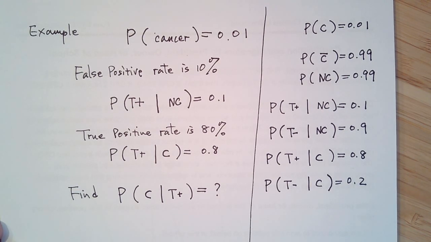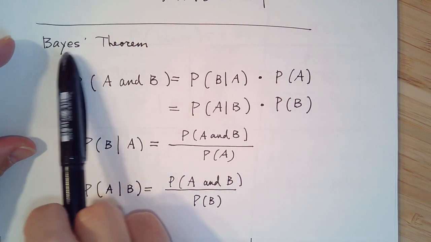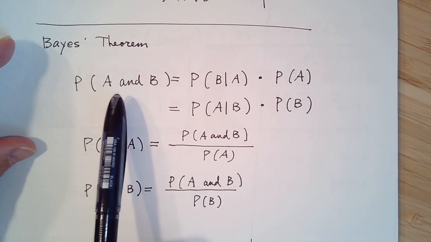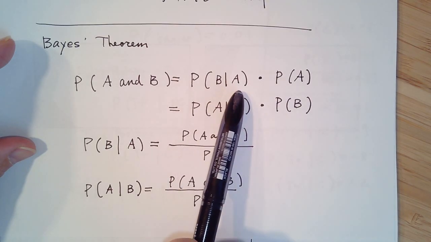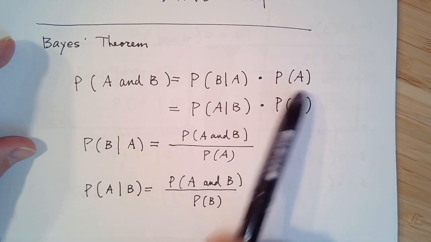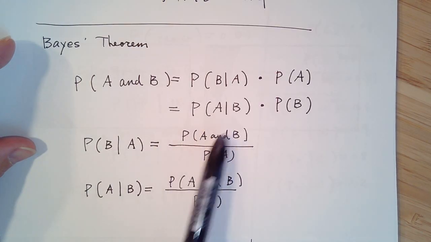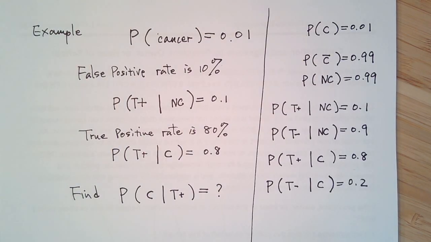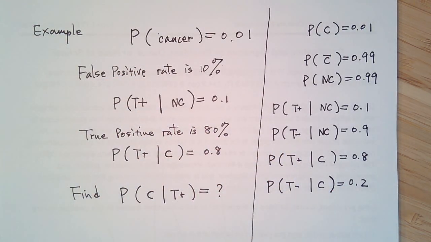Now let's see what we can do about this. I want you to keep Bayes' theorem in mind. The probability of A and B is the probability of B given A times the probability of A. So we have all the bar stuff, and we can get the and part.